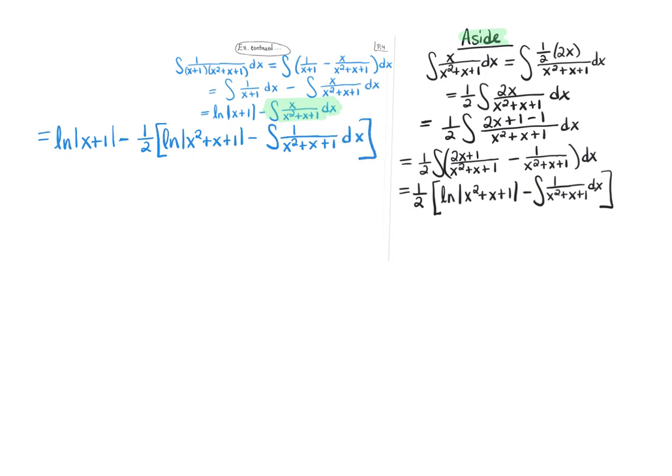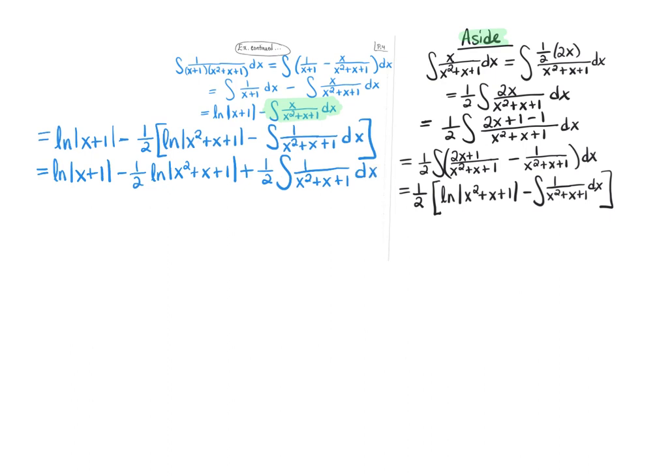Okay, now distribute the negative 1/2 and we get the natural log of the absolute value of x plus 1 minus 1/2 natural log of the absolute value of x squared plus x plus 1. And we're distributing a negative 1/2, so that makes this plus 1/2 times the integral of 1 over x squared plus x plus 1 dx.